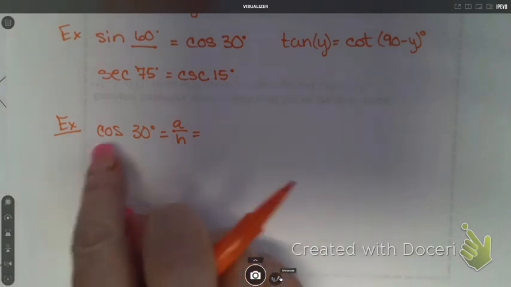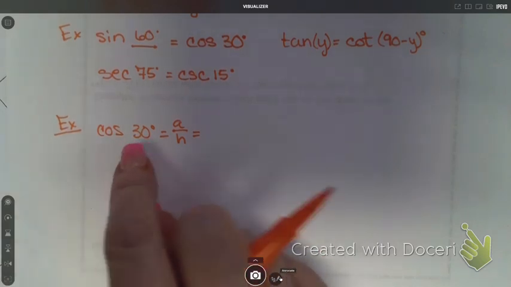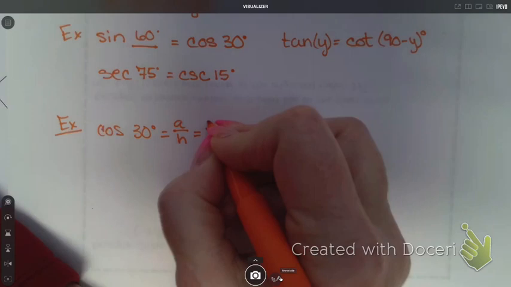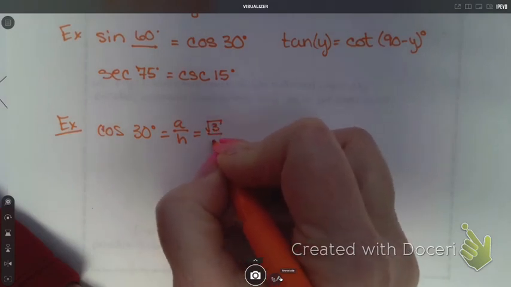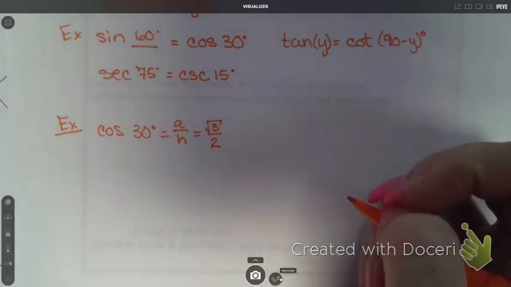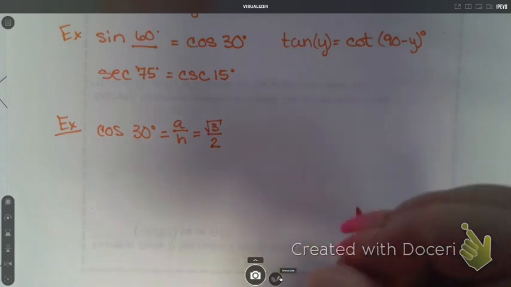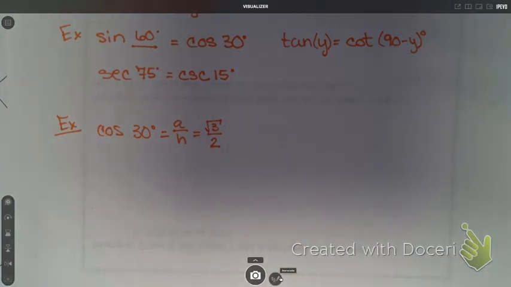So if I know opposite of 30 is 1, then the adjacent is square root of 3, and hypotenuse is 2. When you guys ask me a question, I'll be like, okay, so I know that the opposite is 1, so square root of 3 over 2. I don't remember square root of 3 is the adjacent to 30 because that's not important to me. The most important thing is what's opposite of 30, correct? Because that's how I would place it.